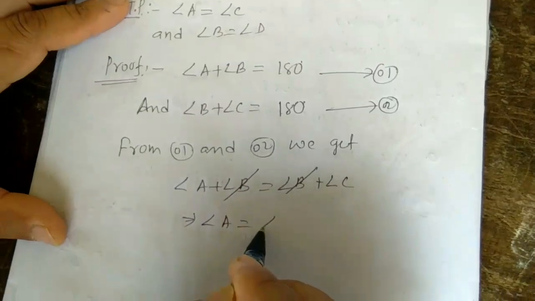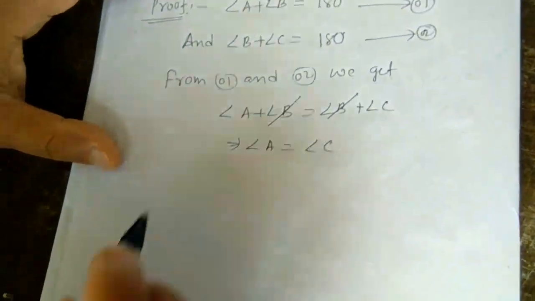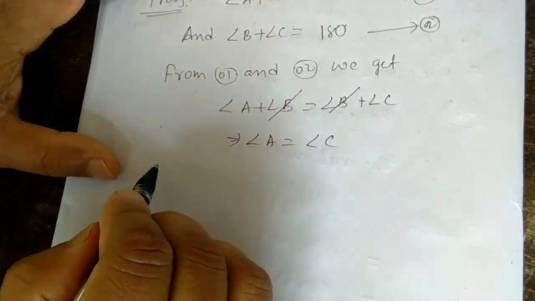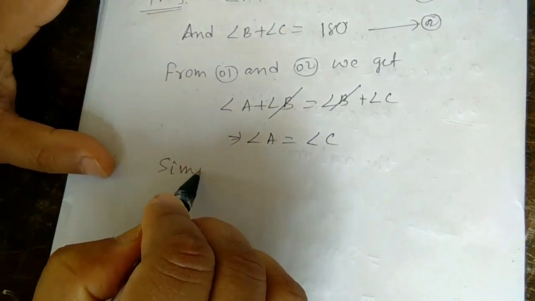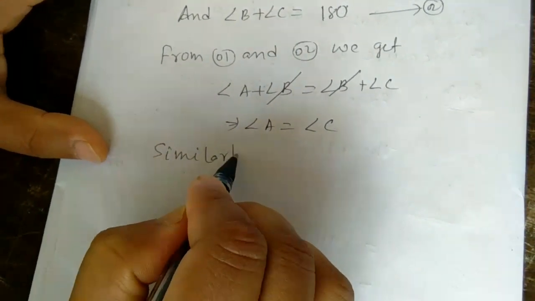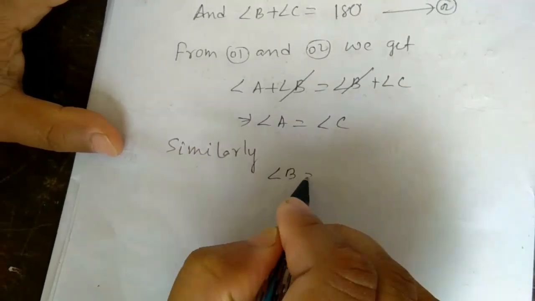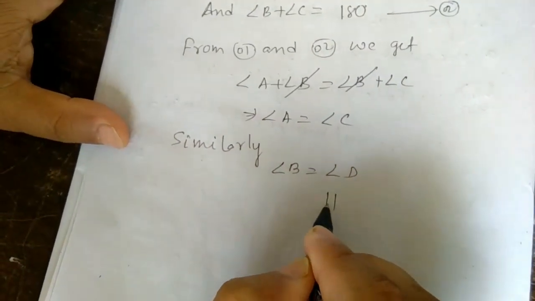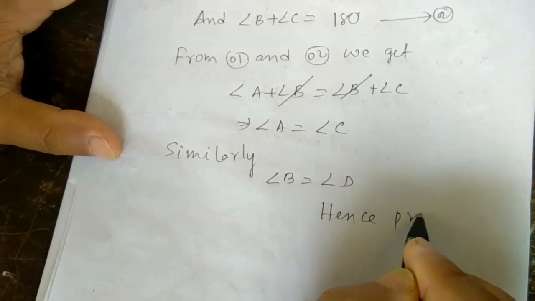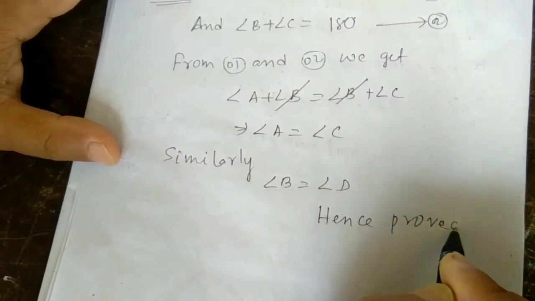So angle A equals what? Angle C. Similarly, no need to prove again, we can prove angle B equals angle D. Hence proved. All right.